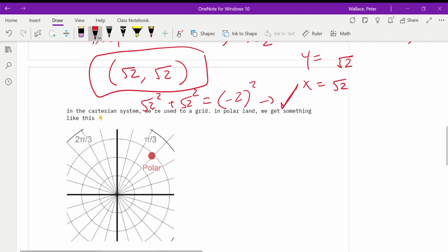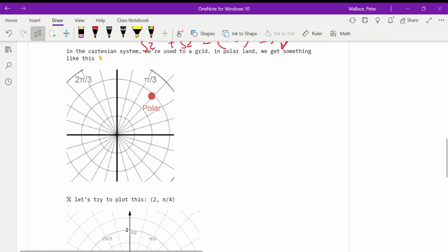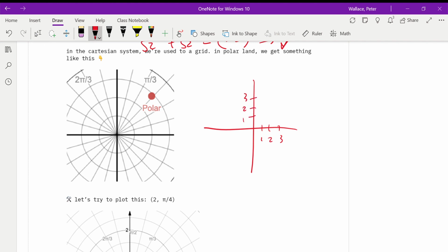The last thing I want to cover here is kind of how this graph is going to look. So at the beginning, I referenced this grid system. We've got these series of tick marks evenly spaced out. That's our Cartesian. In polar, we end up with a kind of wholly different system, not a grid.